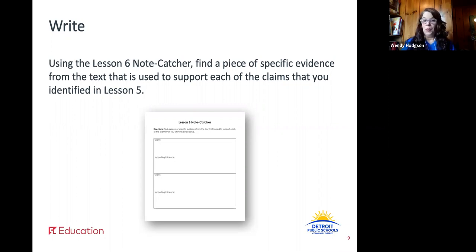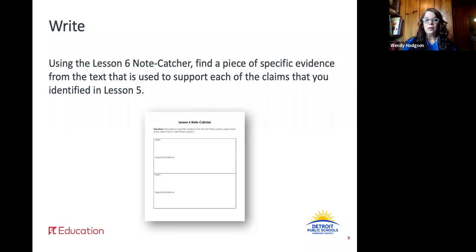So bees are really important. And this article and the author of it stakes several claims about bees and their health and what's affecting their health. There were claims about pesticides and how they might be affecting the bee population. So those are some things that you might have written down today.